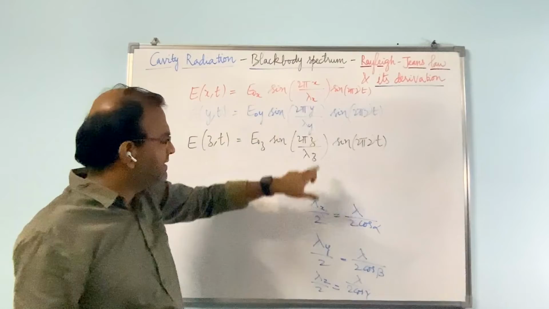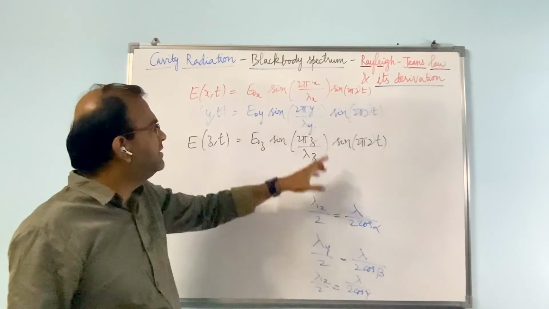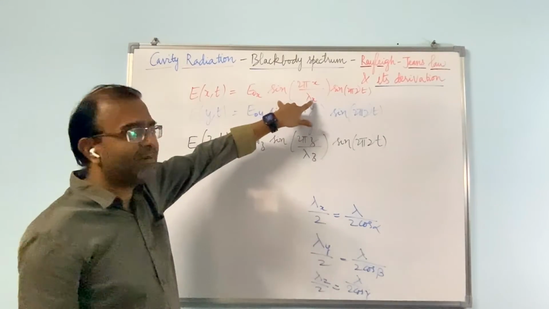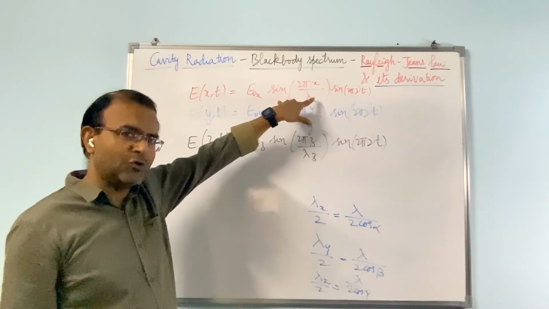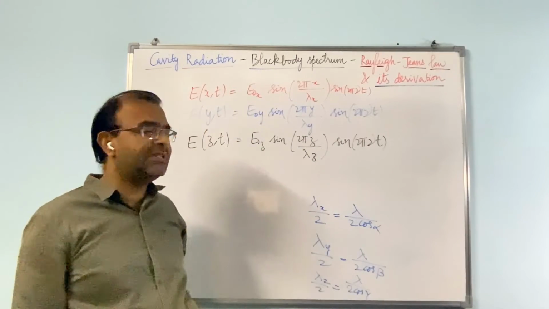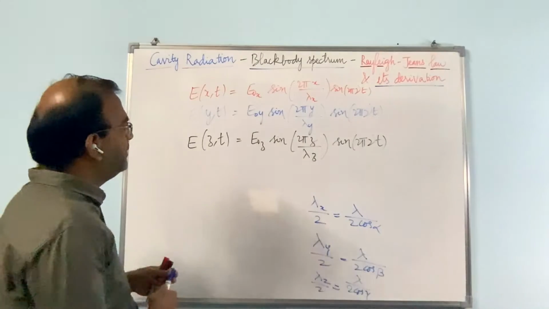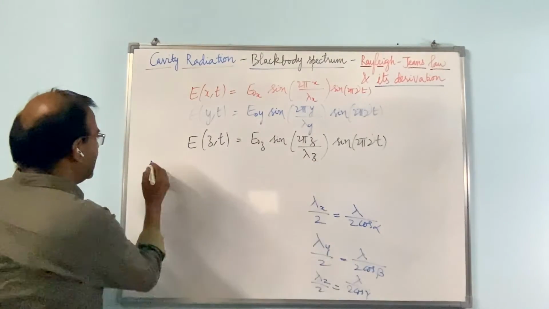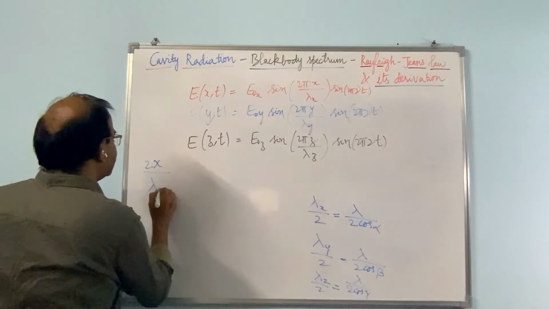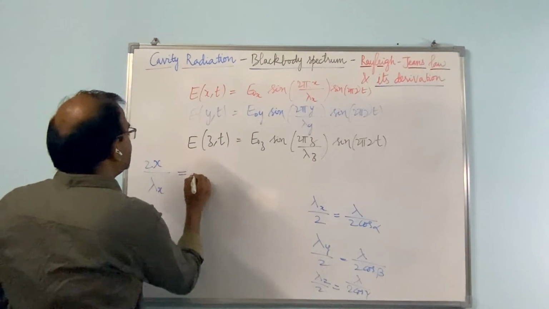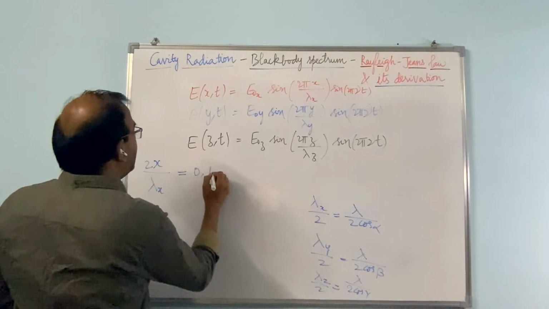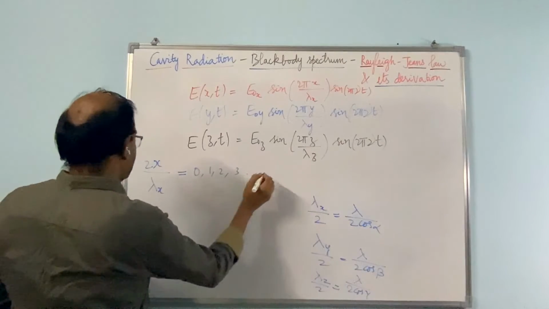And here we have relations for lambda x. From our earlier discussion, we know that it is this spatial part that has to go to 0 in order for this electric field to vanish at the node points, and therefore for that to occur, we know that the condition is 2x over lambda x, in this case for the x component, has to be 0, 1, 2, 3 and so on and so forth.